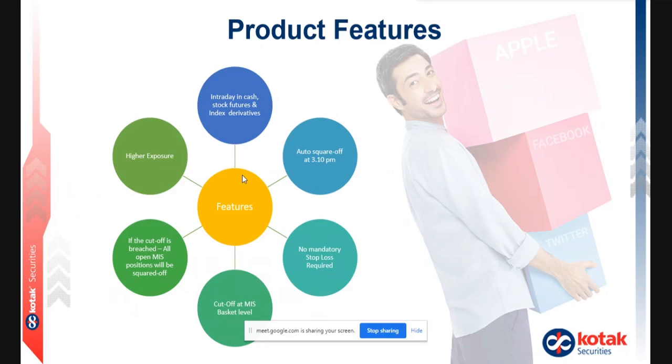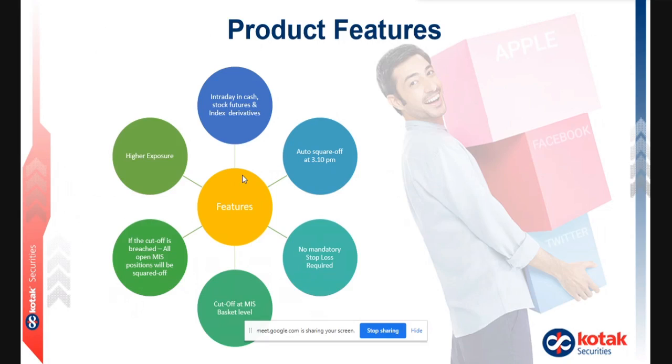There is something called a cutoff value. I know you won't be placing any stop loss, and you might worry that you have such a big exposure, and what if you forget to place a stop loss? So we do have a system where a cutoff is defined based on your margin available and the utilization of your margin in an MIS position, and accordingly your cutoff will be calculated.